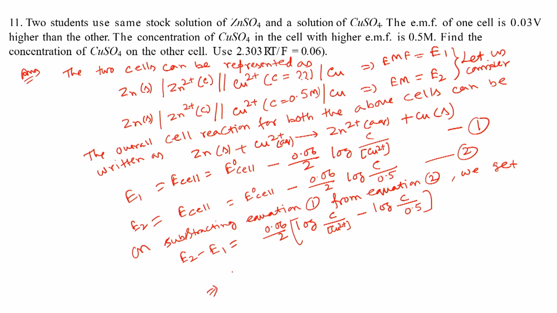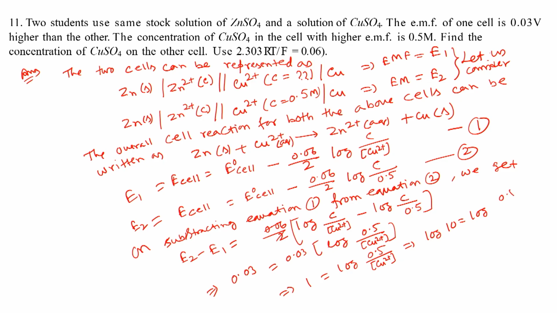The EMF of one cell is 0.03 volt higher than the other, so the difference is 0.03 volt. Log of this minus this gives 0.5 by concentration of Cu2+. So 1 equals log of 0.5 by concentration of Cu2+.